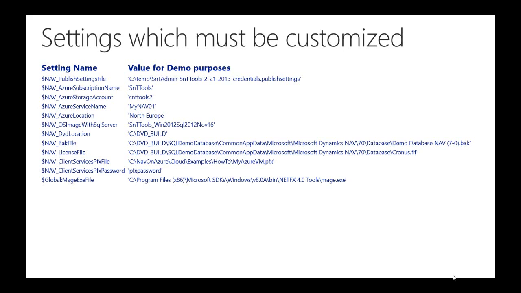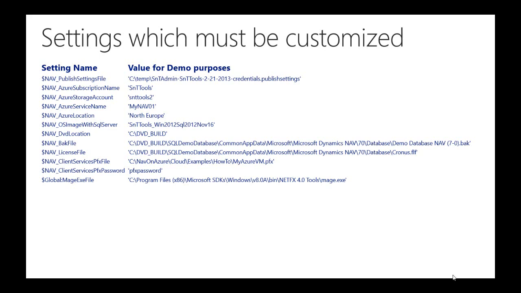The next setting is Nav Client Services PFX password. This setting should contain the password for the PFX file you specified for the Nav Client Services PFX file setting above. If you are using the sample PFX file, the values should be the same as shown on the current slide. The next setting is $global:magexe file.